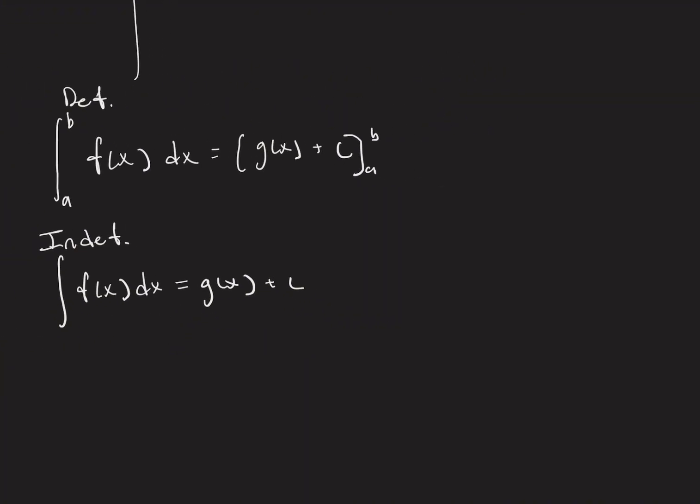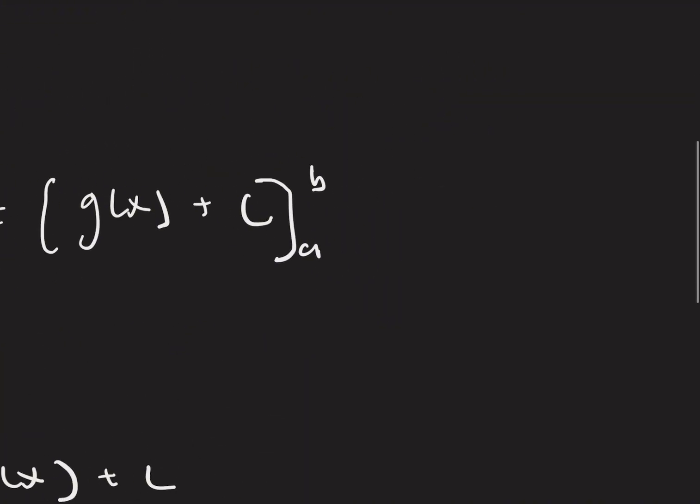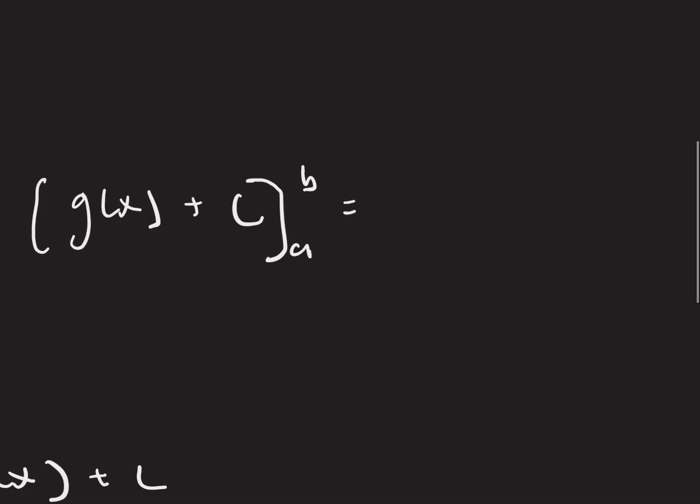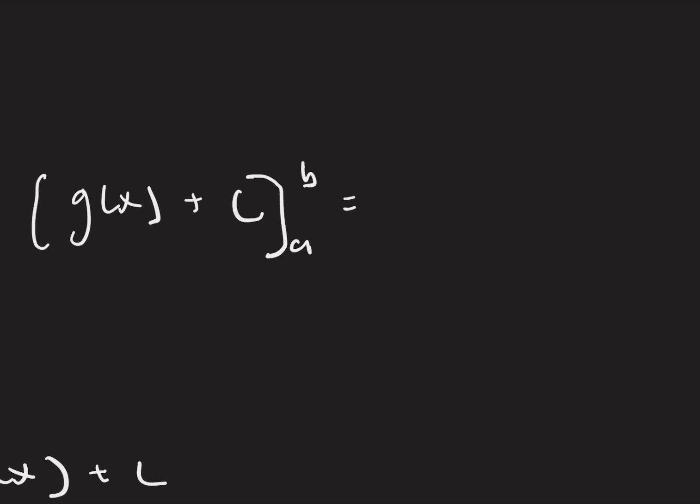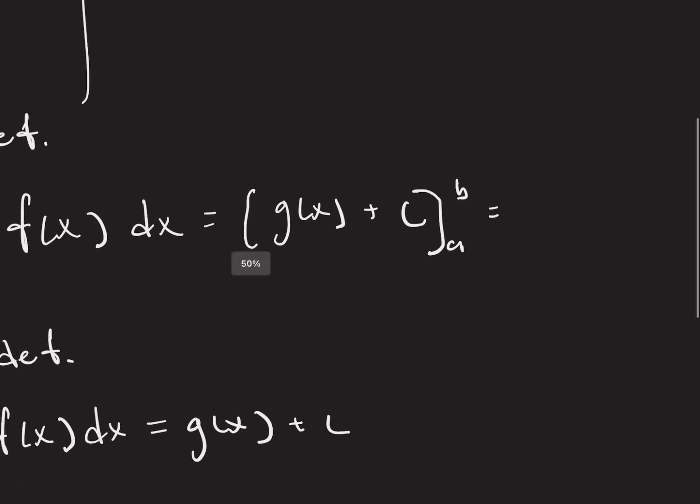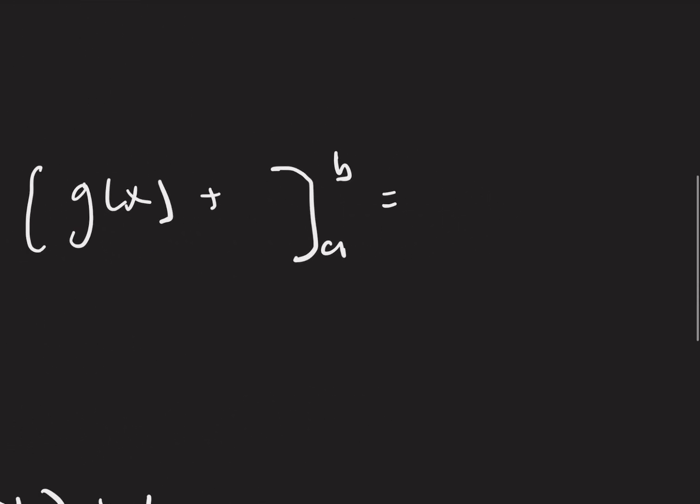And then let's go back to the definite integral here. When we're solving, you always plug in the b first into the antiderivative. And when you're plugging it in, you don't have to worry about the c anymore. Honestly, because I just realized this is a definite integral, we don't have to put c.